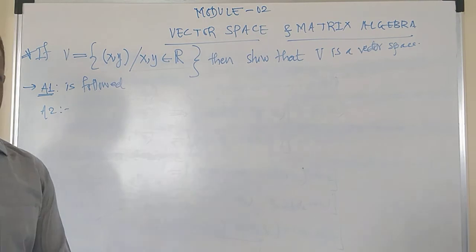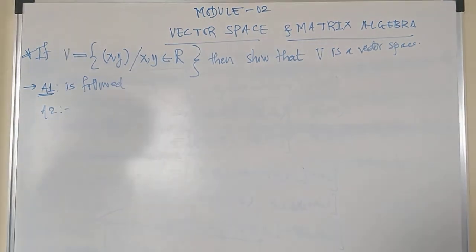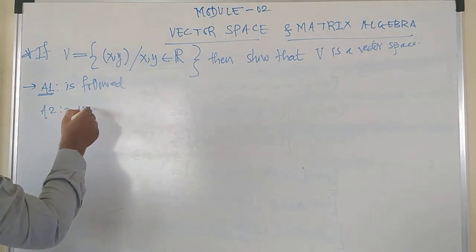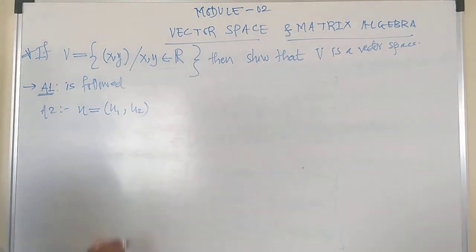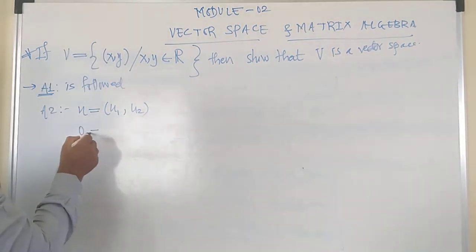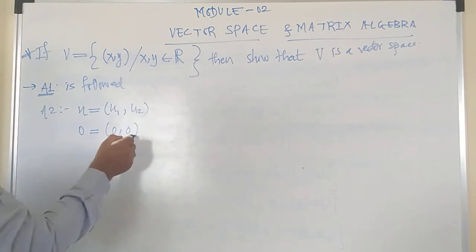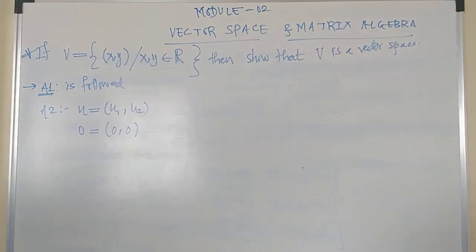Let's go and check the second axiom. What was the second axiom? The second axiom is for zero vector addition, and again consider the vector u, and the element of this vector u is u1 u2, and there is one more vector 0 whose elements are 0 0, right?